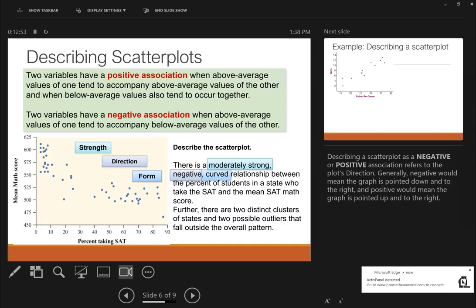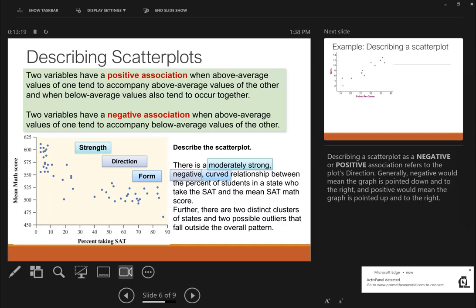The stronger your relationship, the tighter that data should be packed together. The more it should look like a single file line, as opposed to like a cluster. Is everybody okay with the idea for strength?